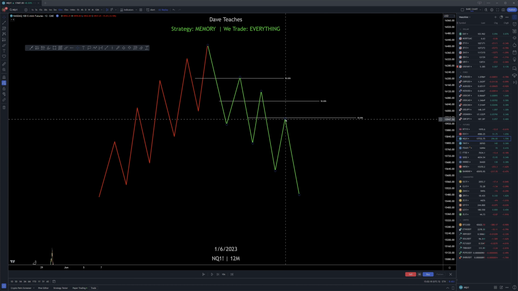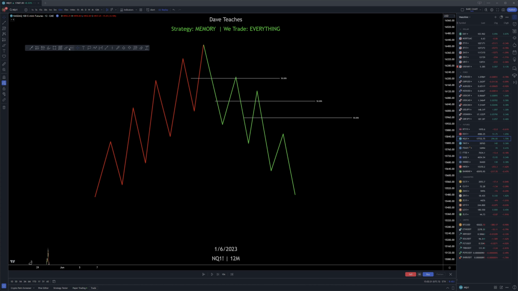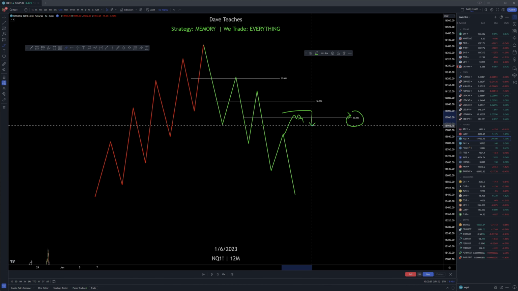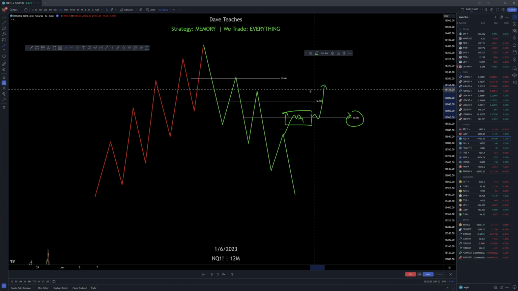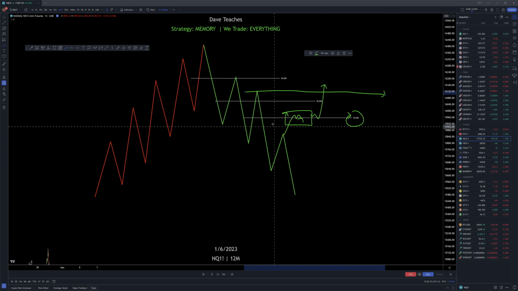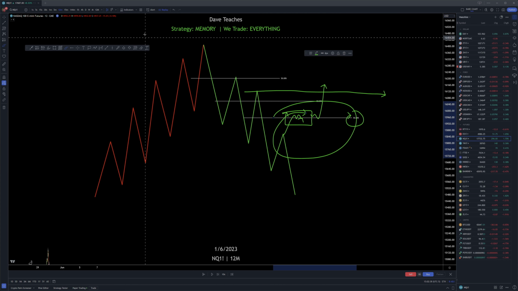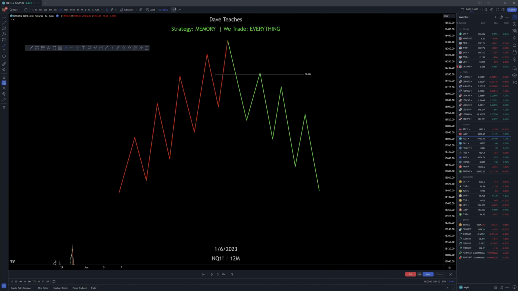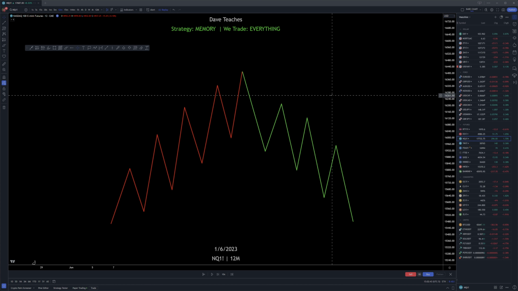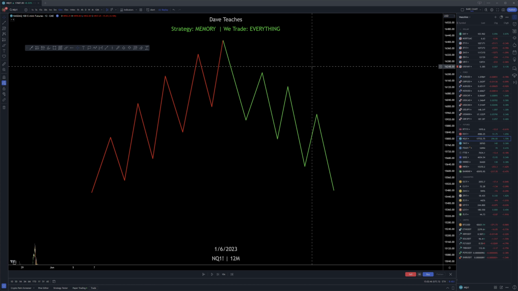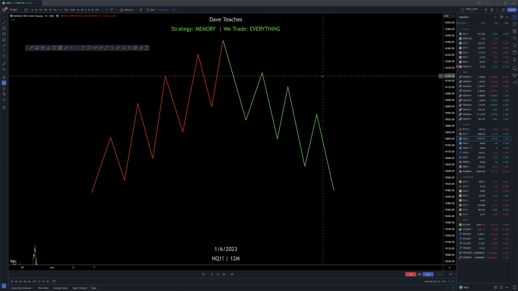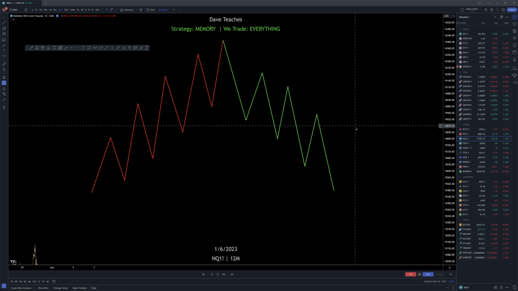Now, what you guys need to understand is that sometimes we don't make it back to the 50%. And there are times where when we do, you get a little doji that forms here, something like that, and then they go to take the high. So a lot of people get caught in these. And the main thing, the rule of thumb, I taught this in the free playlist.